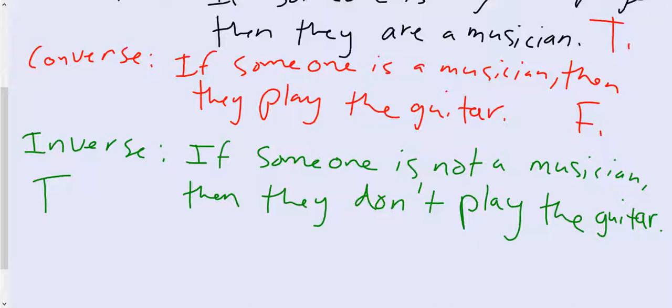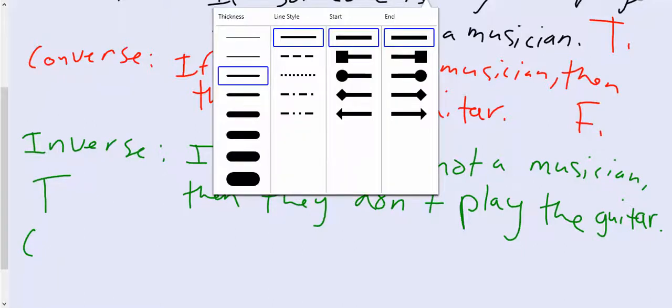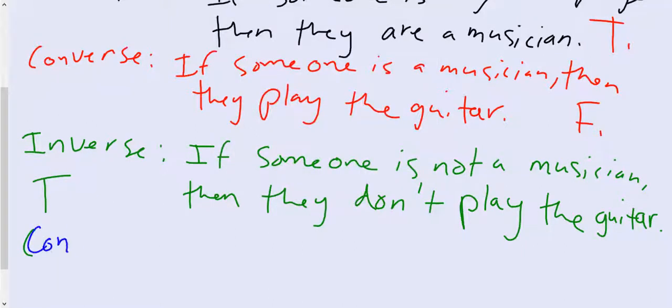And the last one is the contrapositive. I should use blue here, my last color. Here we have to do the inverse and the converse, so we're going to combine the last two.